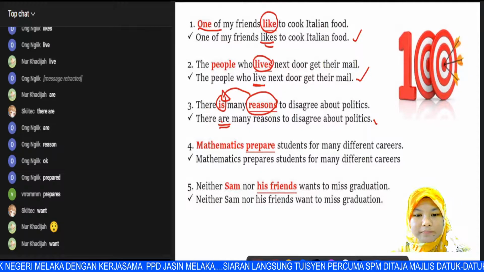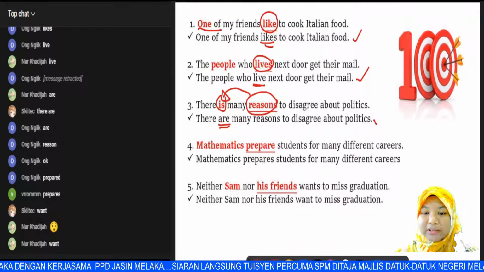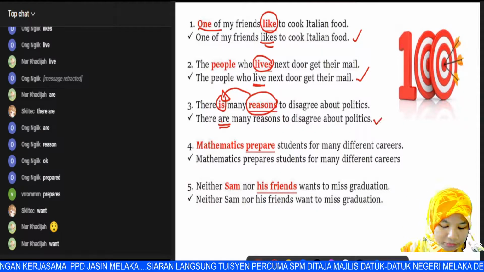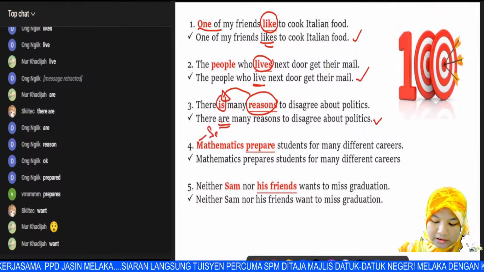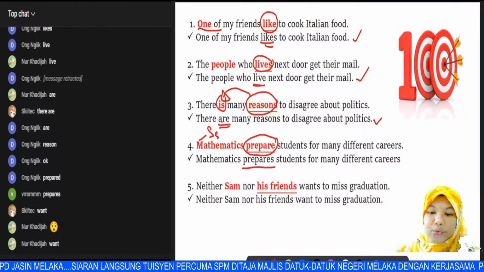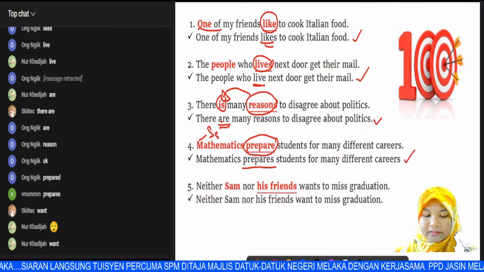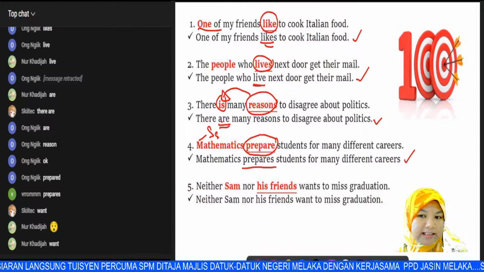Number 4. Mathematics prepares students for many different careers. Here mathematics is referring to one, singular. So the error is prepare. We change it into the singular verb prepares, and there you have a correct sentence.